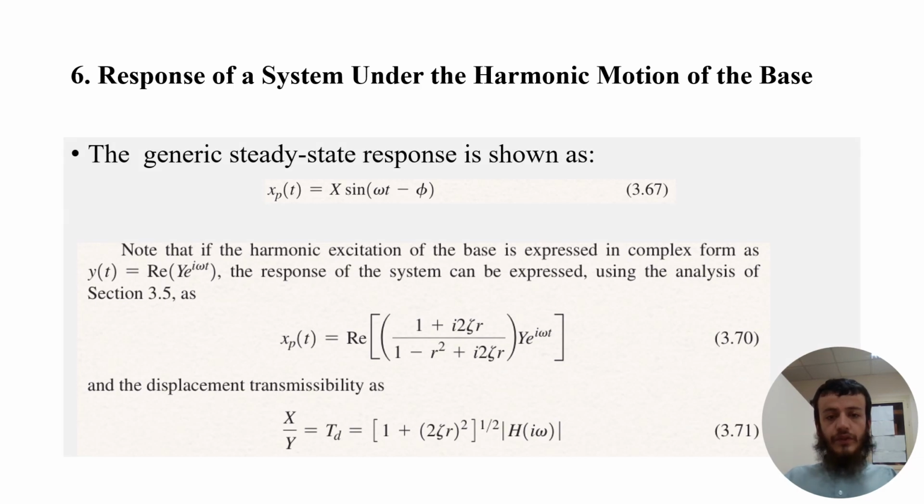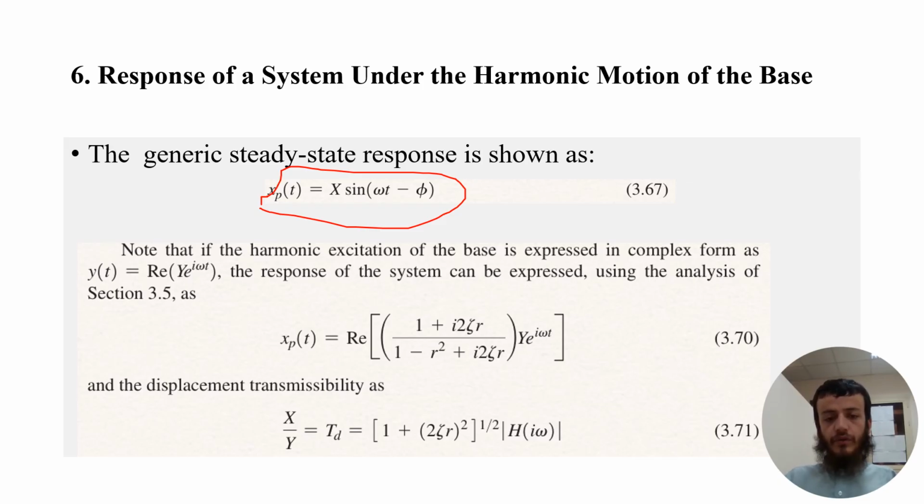Response of a system under the harmonic motion of the base. We have already explained this briefly, but the generic steady state response is shown by this equation. It is just general.